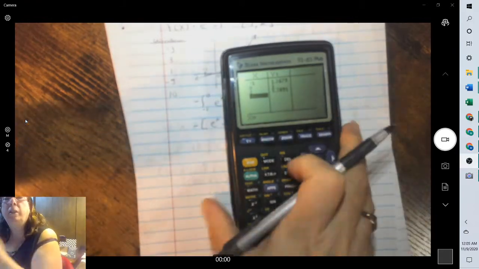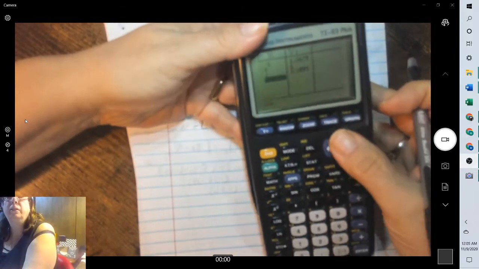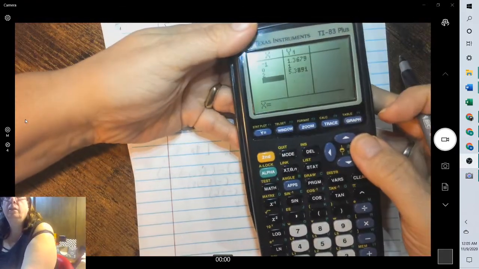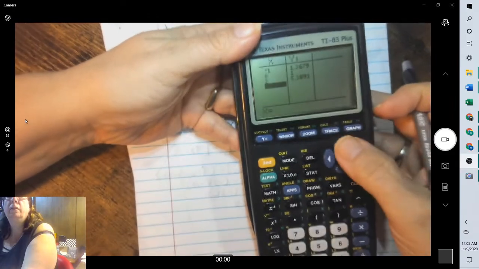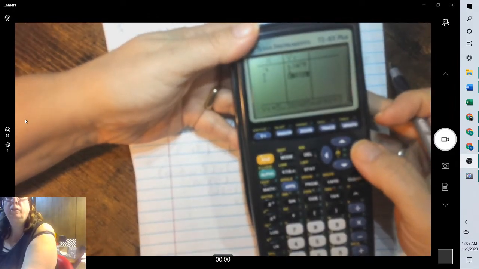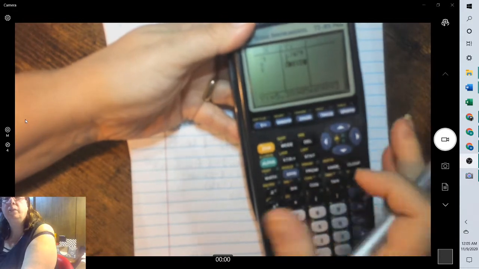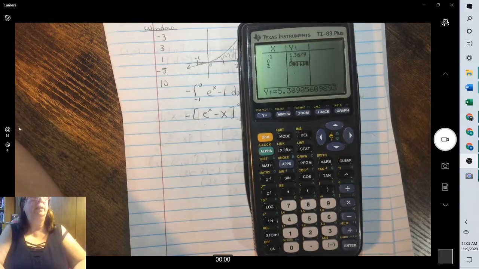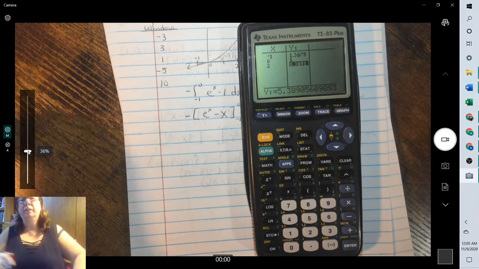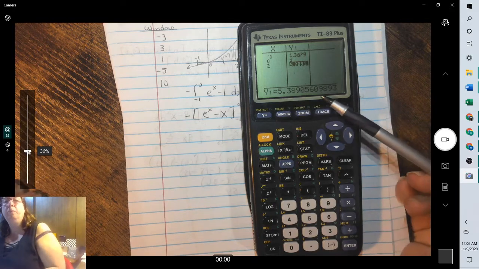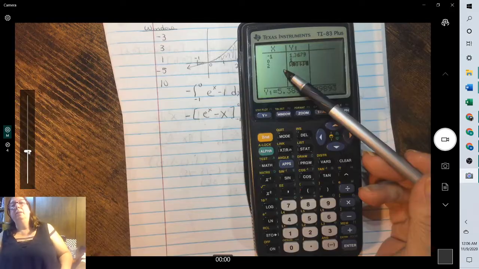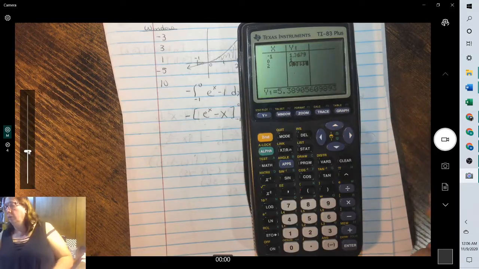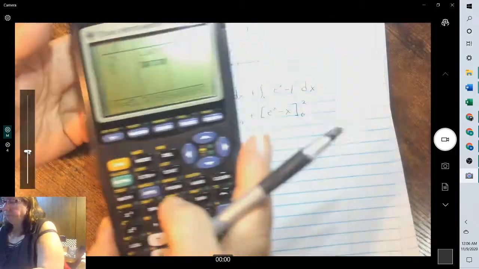Now if you wanted more than 4 decimal places, go over and it'll have the whole decimal. This is not cooperating tonight. There it is. So you can have more decimal places if needed, if what you have here is not enough.